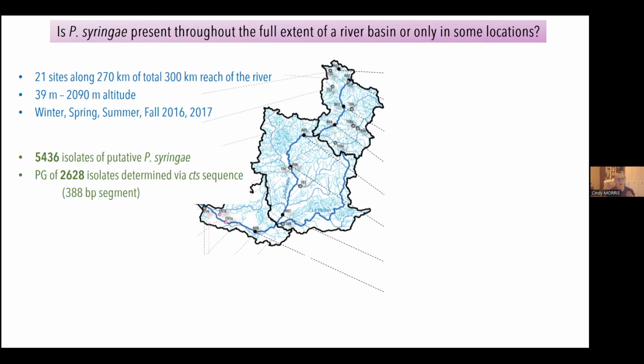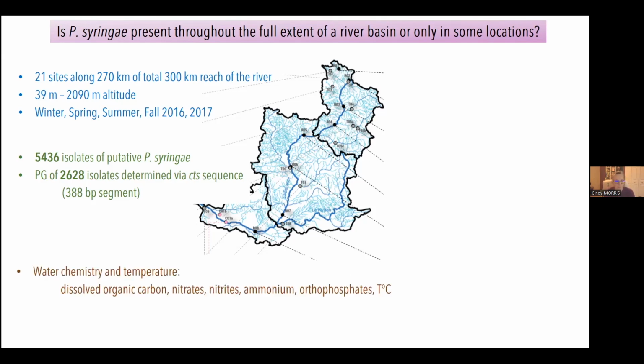And then we were able to attribute the phylogroup of 2,628 of them as Pseudomonas syringae via CTS sequencing. That's the sequence of a 388 base pair segment of the citrate synthase gene that is really useful in identification. We also had water chemistry and temperature information.